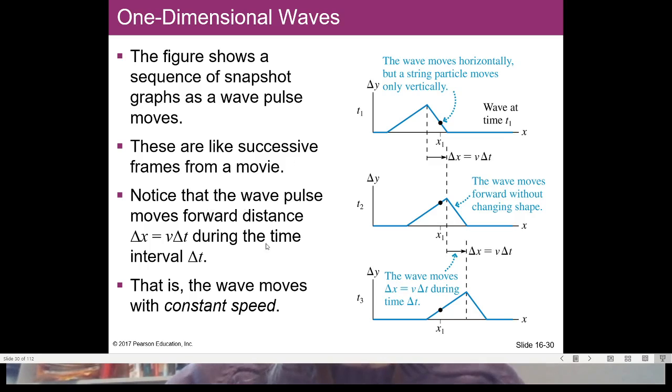And we notice that the wave pulse moves forward a distance delta x equals v delta t during the time interval delta t. In other words, the wave speed v tells you how far any point on a snapshot moves in an amount of time delta t. Okay, so there it is right there.